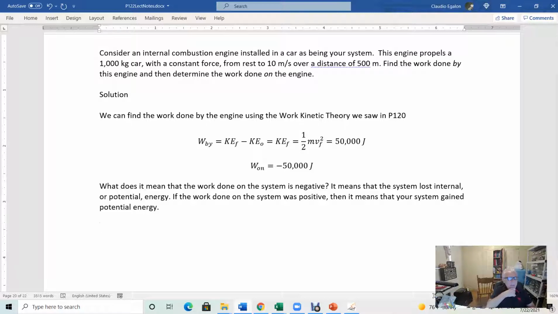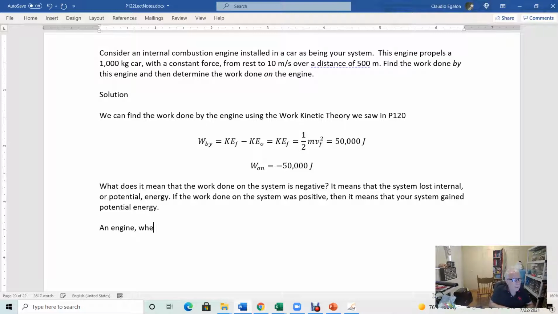That's what it means. An engine, while it's running, usually loses potential energy, the potential energy that's stored in the fuel of the engine.